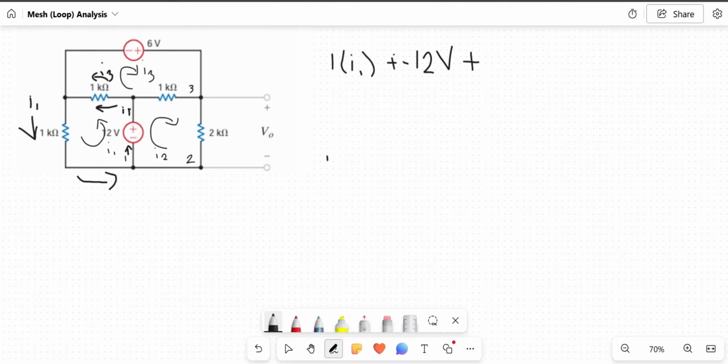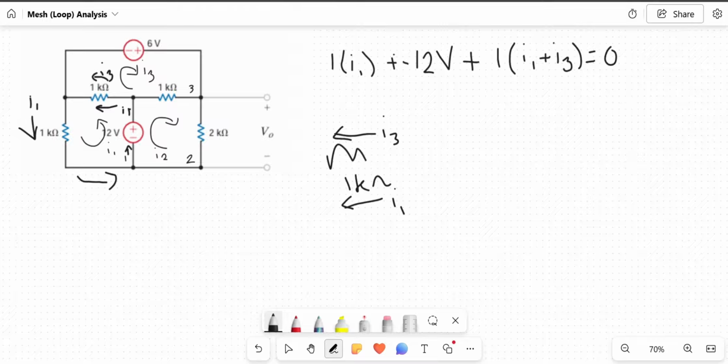Because both currents on the 1 kiloohm resistor, I3 and I1, are going the same direction, this equation will be written as 1 kiloohm times I1 plus I3 equals 0. So that's the first equation.